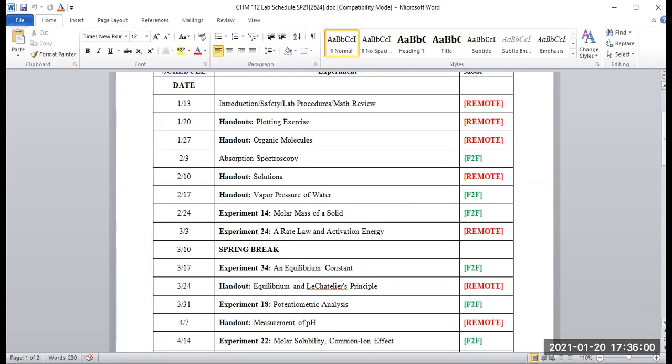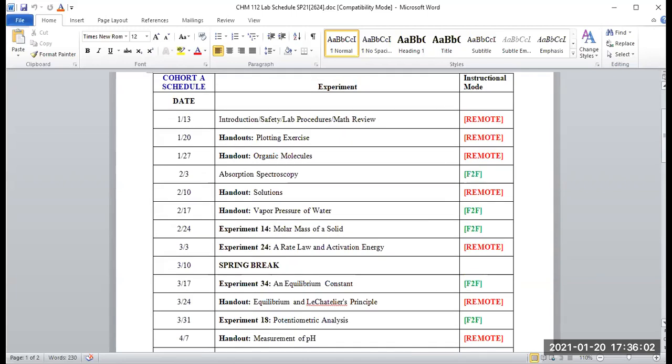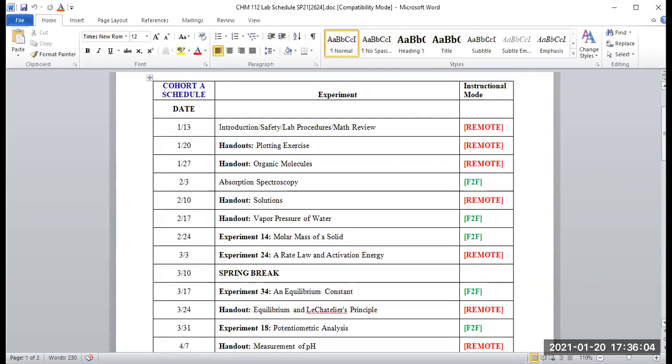So the A group people are going to do the absorption spectroscopy, and then they'll have a week of remote, which will be explanation on the website, a video to watch, and some stuff to fill out. Then you'll actually do 2 weeks in a row.